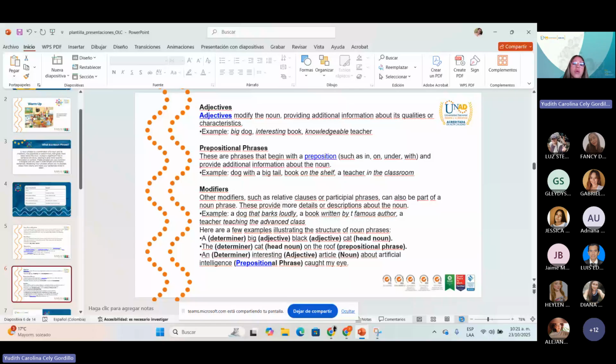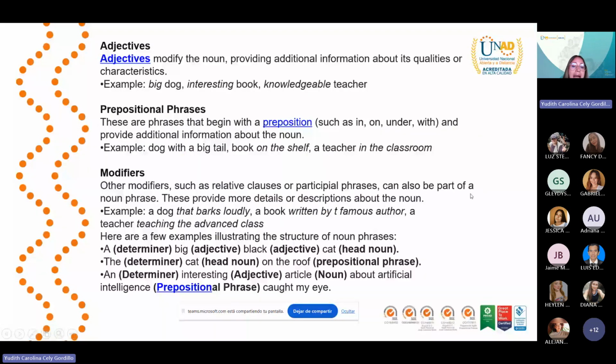Okay, in this one, for example, a big black cat. This is a big black cat, yeah? You have in this one a determiner, "a", "big" like an adjective, "black", this other adjective, and "cat", this is the head noun. It is important to identify what the head noun is in the statement because this is the word you are going to modify.